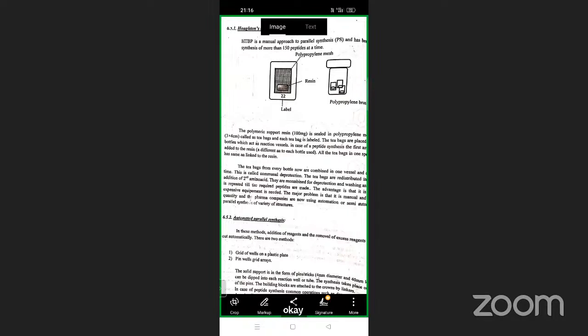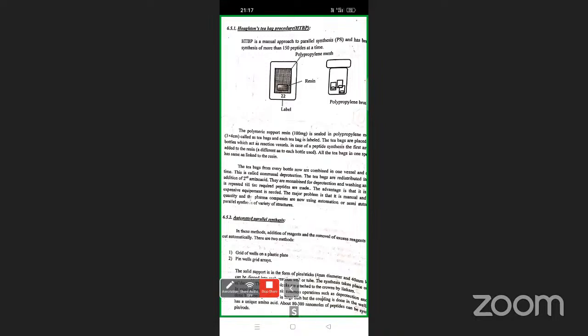Here you can see it has a polypropylene mesh. The resin bead, 100 milligrams, is sealed in the polypropylene mesh.